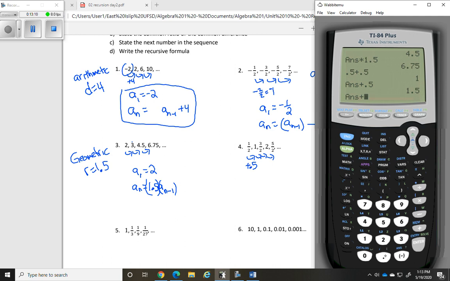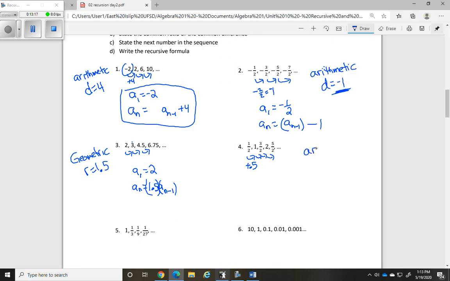If I add on 0.5 again, I get 2. So definitely this is arithmetic, and the common difference is 0.5. My first term is a half, and I have a sub n equals a sub n minus 1, and I have to add on 0.5.